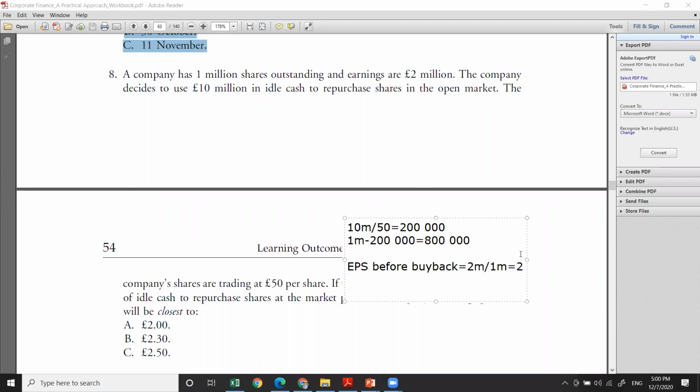After repurchase, the number of shares outstanding will be reduced to 800,000, and earnings per share will be different. So EPS after buyback is 2 million divided by 800,000, so your EPS will be 2.5 per share. So from the answer options, you can select C.